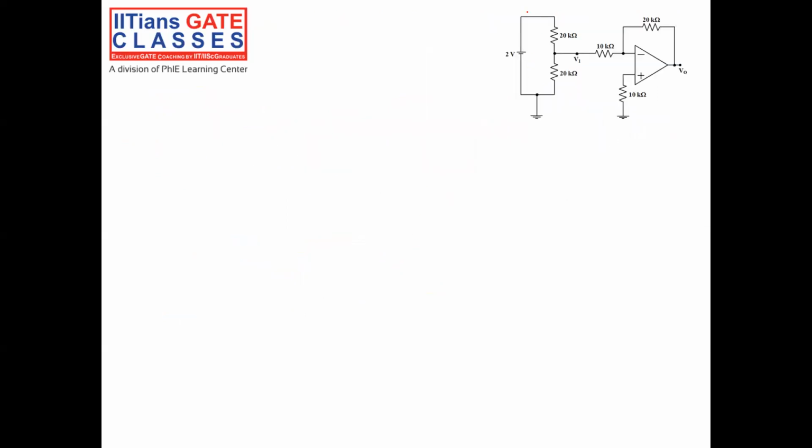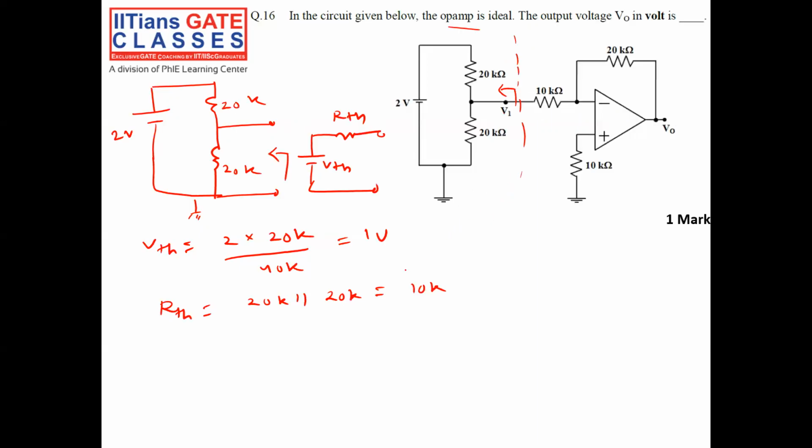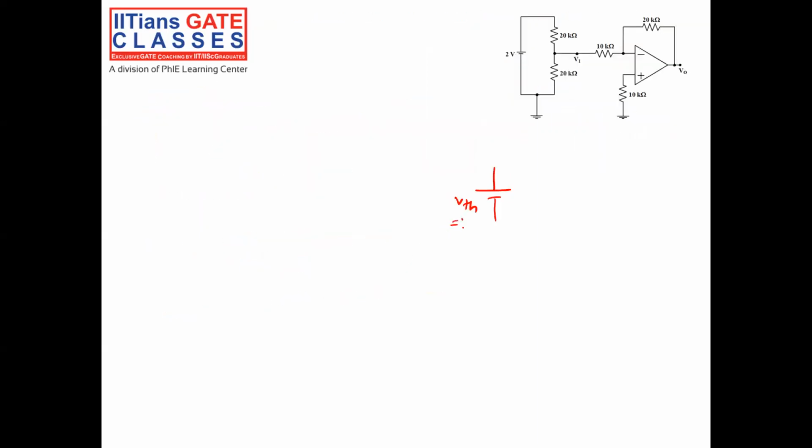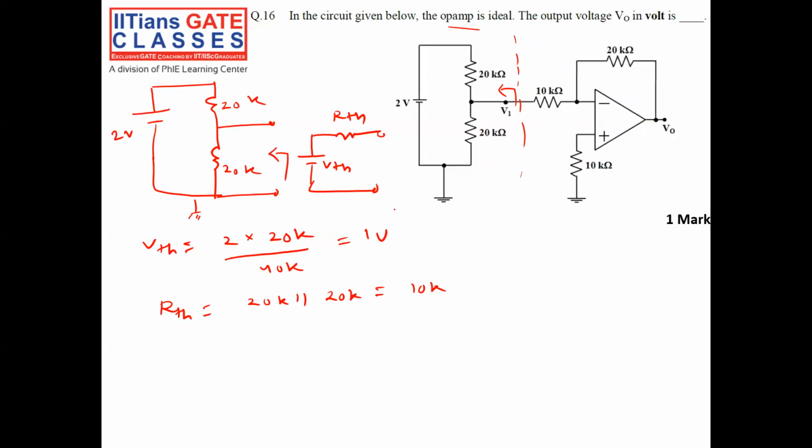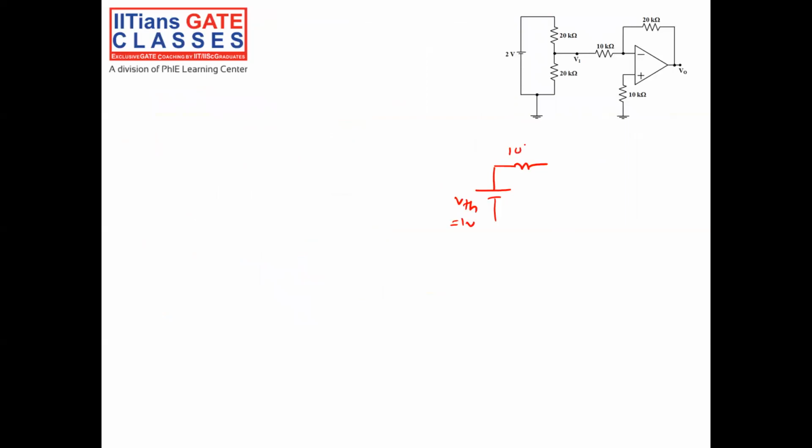So let us replace this with a voltage source VTH, in this case 1 volt, in series with a resistance, which here is 10k. So I have a 10k resistance in series.